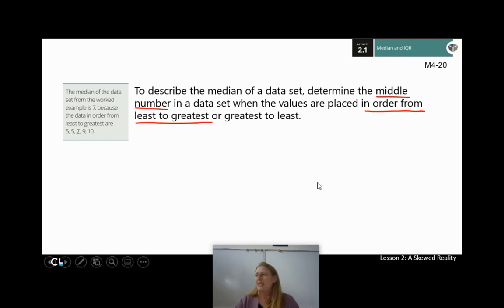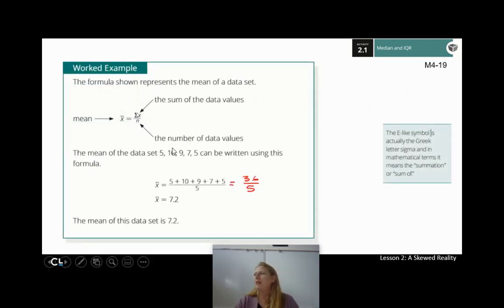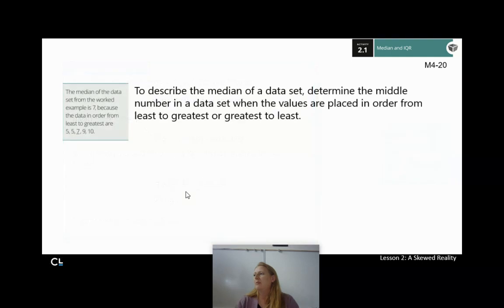So looking back at that data set we had before, 5, 10, 9, 7, and 5. If I wanted to find the median, the middle number, the first thing I need to do is put these in order. They are not in order right now. So I'm going to put them in order least to greatest.